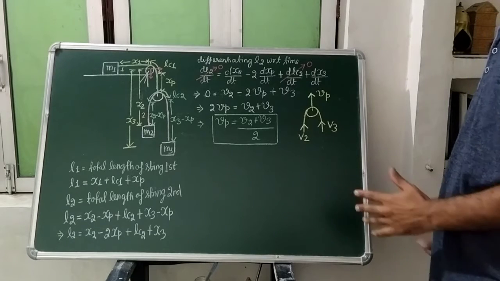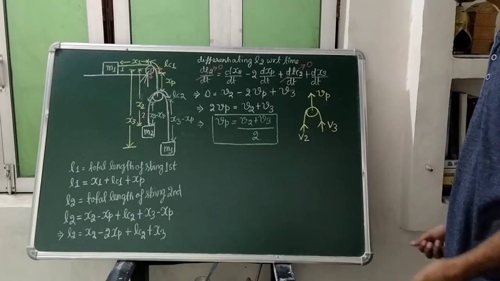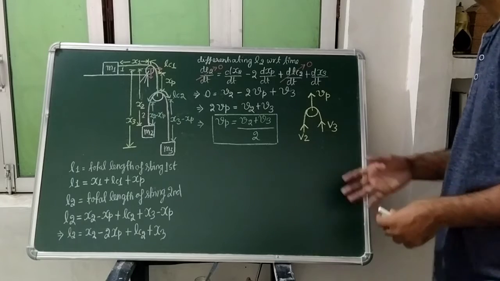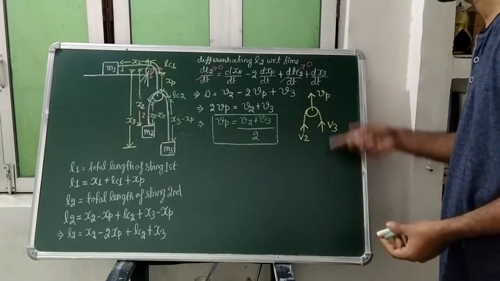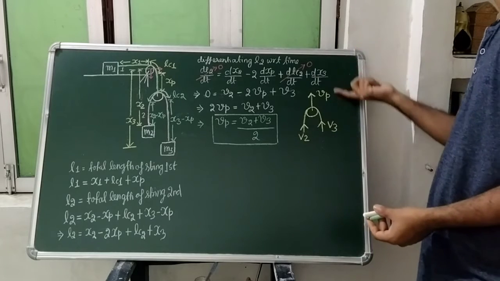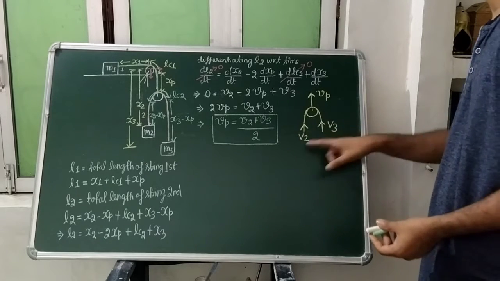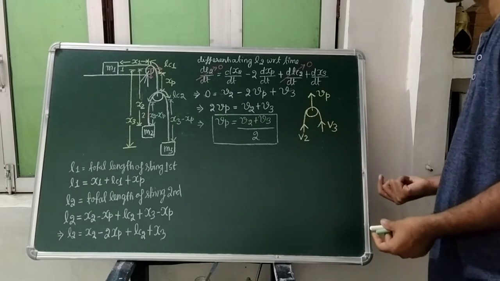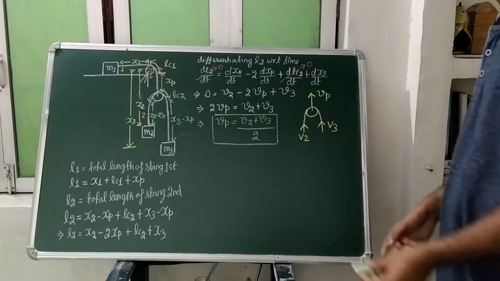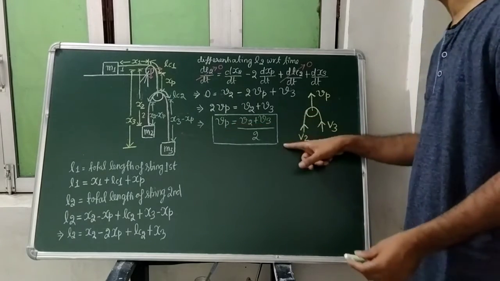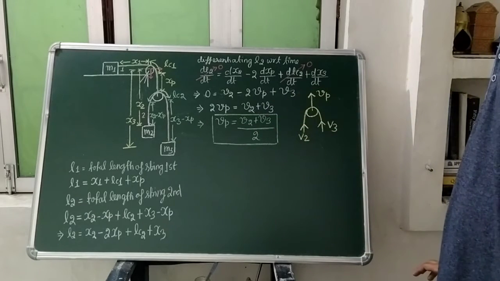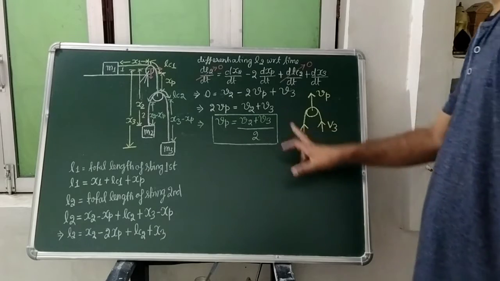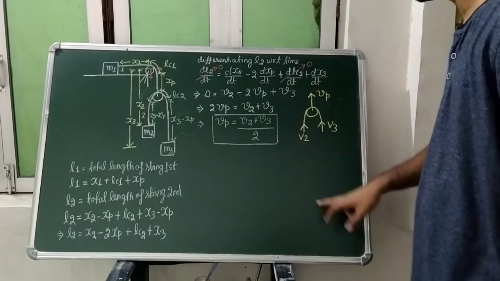So students, I hope that if anyone is saying to you that a pulley is moving and has some velocity, that will be equal to the sum of these velocities divided by 2, you can understand where this relation has come from. That I have discussed here.